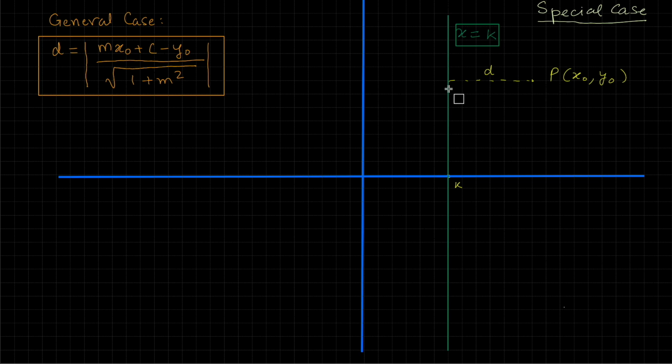If there's a point P with coordinates x0 and y0, the distance from point P to the line will simply be the x offset between the point P and the line. This distance will be simply the difference between x0 and k. So let's write that formula.